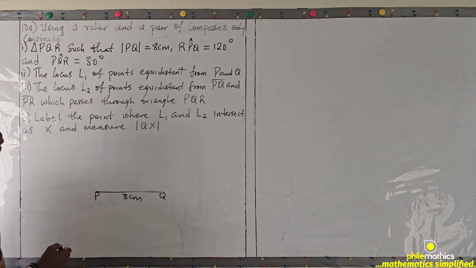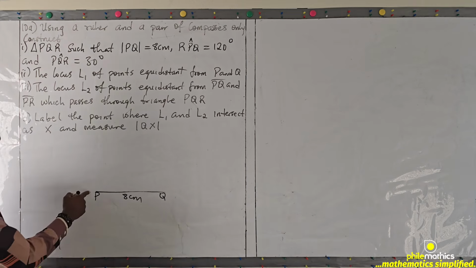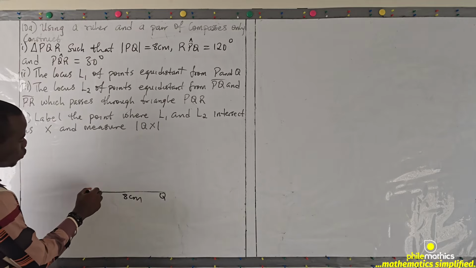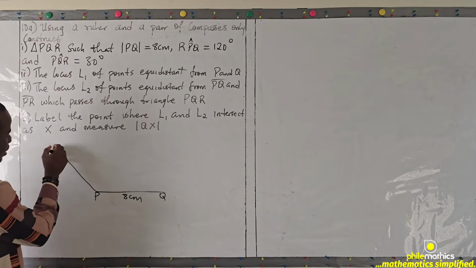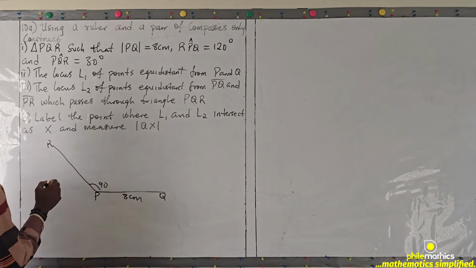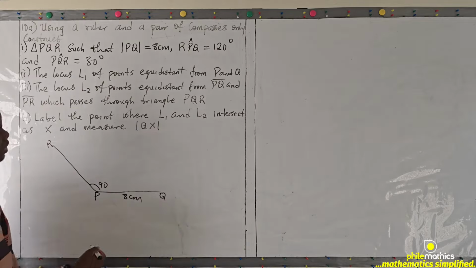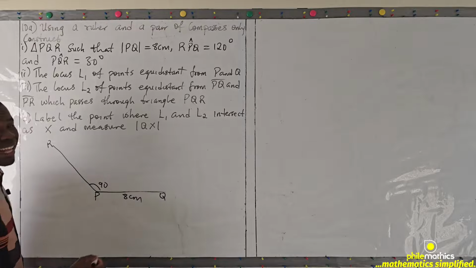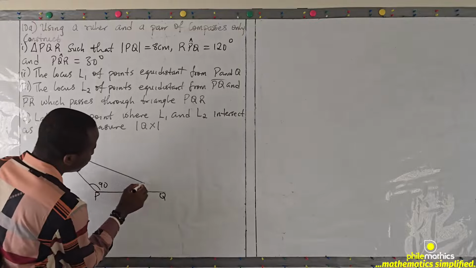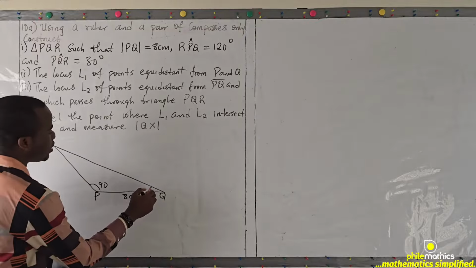Angle RPQ is 120 degrees. That means the angle is here, and 120 degrees is bigger than 90, so this will look like this. This is 90 degrees, and this is our arrow. And then angle PQR at Q is 30 degrees. I know 30 degrees is an acute angle, less than 90. So it is this, so this is 30 degrees.